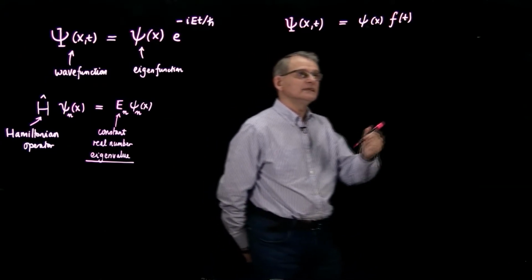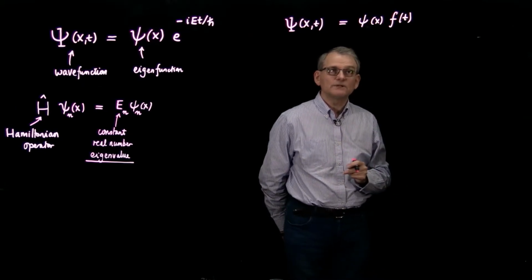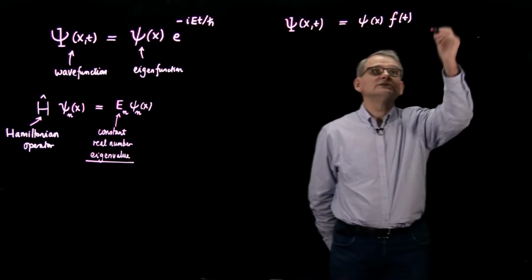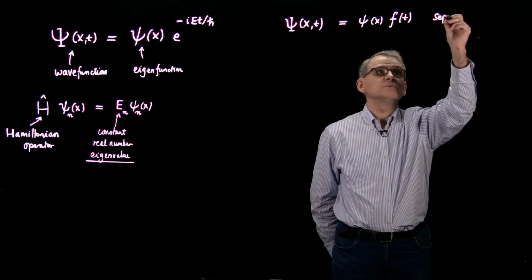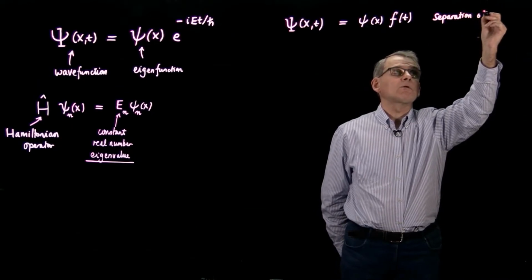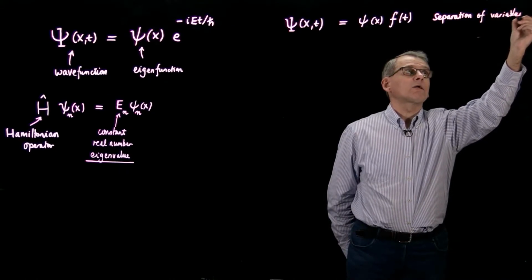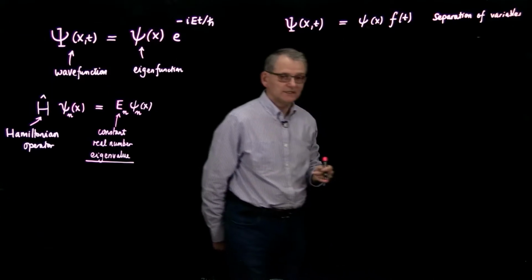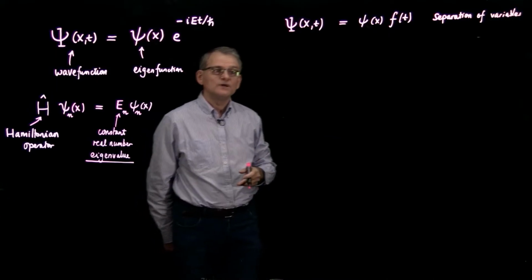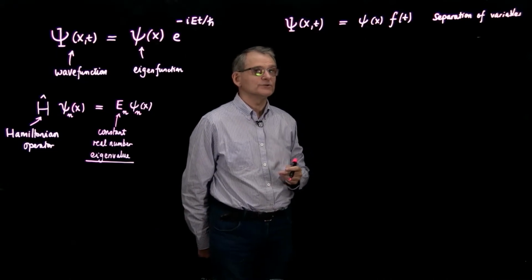And this technique will be used to solve the time-dependent Schrödinger equation, and this is known as the technique of separation of variables. And we'll find that this technique is used when you're solving problems in later parts of this subunit.